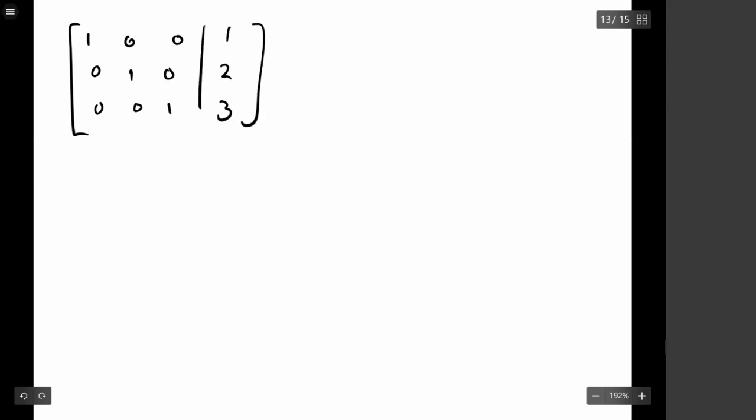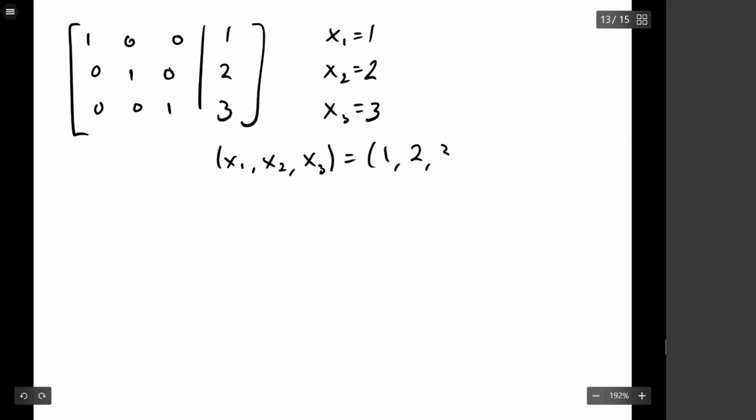So this thing here is one solution. Here we have x1 equals 1, x2 equals 2, x3 equals 3. Right, so this is our one solution. Now it's typically a good idea to write your solutions in the form x1, x2, x3 equals 1, 2, 3.